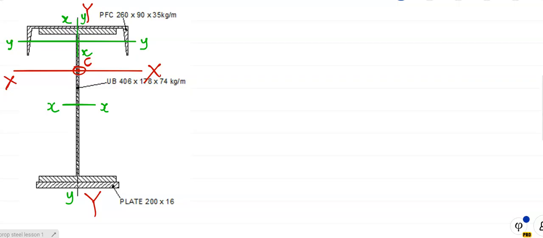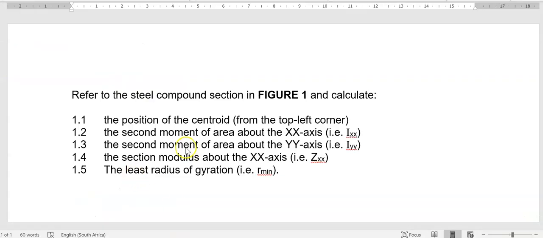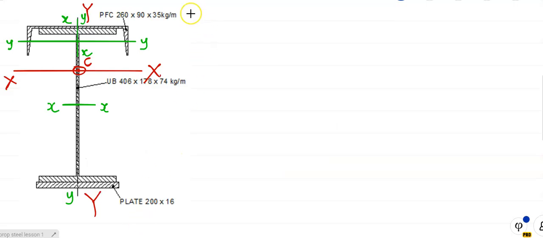So the first question we need to answer is to determine the position of the centroid. That means y top, y bottom, x left, x right. Because I'm working from the top down, I'm going to say y top. And what's the formula? Do you remember the formula?